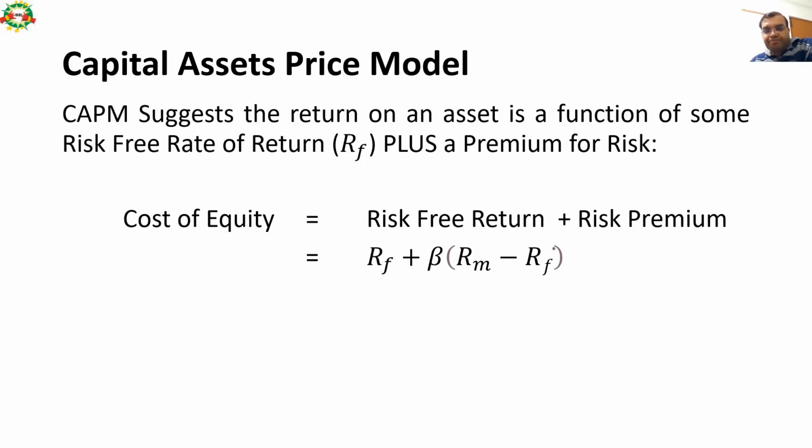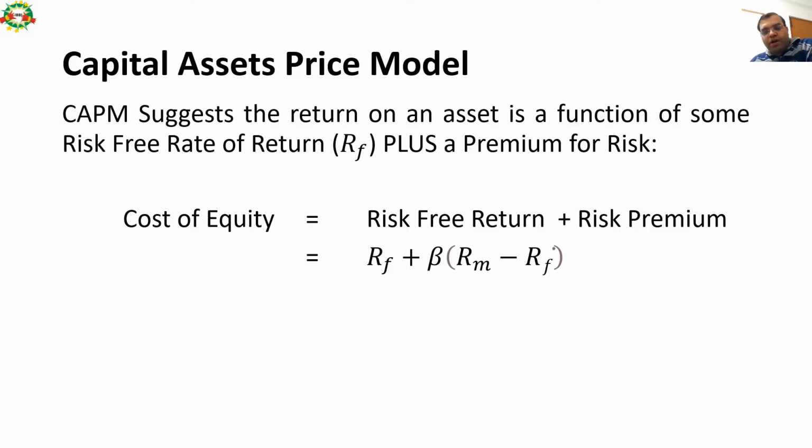For example, if I invest in the share market, I presume a different type of risk. If I invest in gold, land, or a flat, I presume different types of risk. So higher the risk, higher the premium. This is the expectation, the first principle.